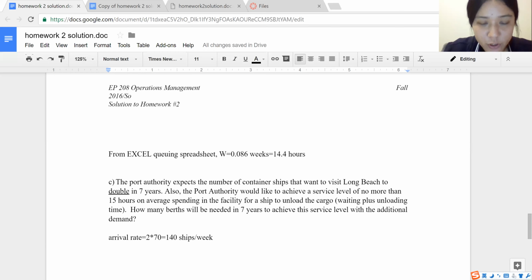And the Port Authority would like to achieve a service level of no more than 15 hours on average spent in the facility for a ship to unload the cargo. So let's look at the Excel again.